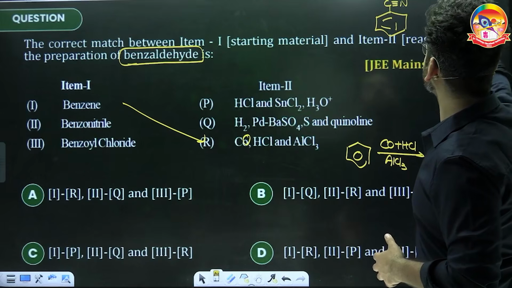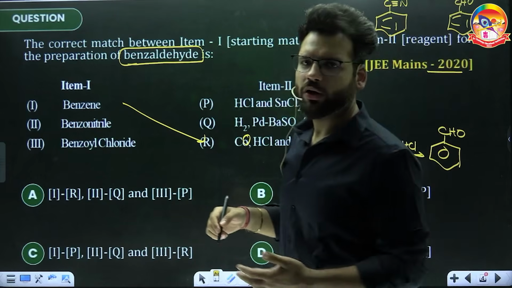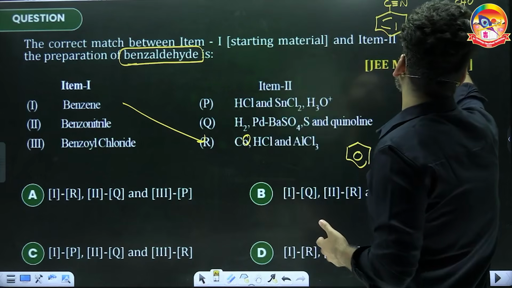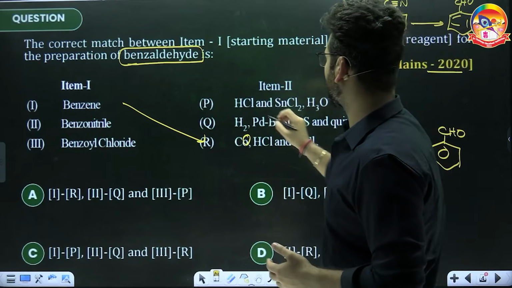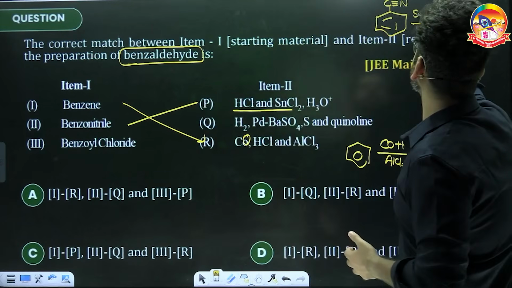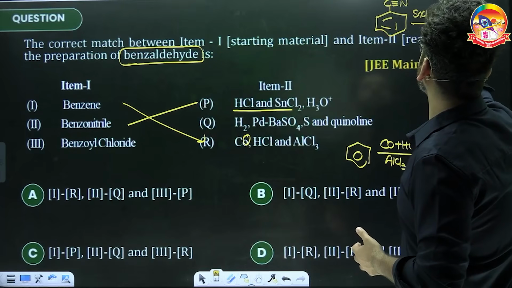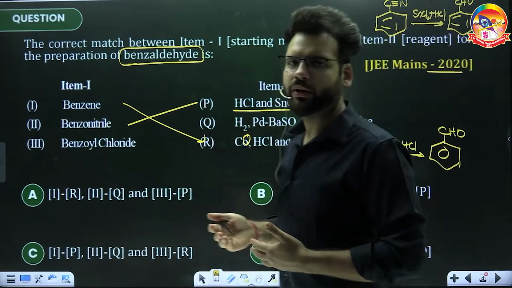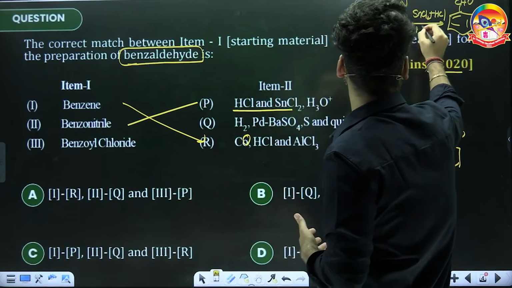Either I can do Stephen reduction followed by hydrolysis, or I can do DIBAL-H followed by hydrolysis. Here they have talked about Stephen reduction, so I will take P, which is SnCl2 plus HCl, converts it to an imine group, and then on hydrolysis it converts to an aldehyde.